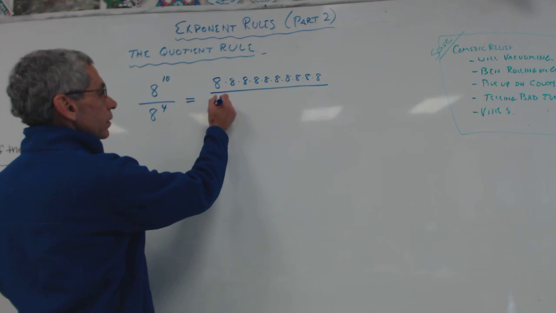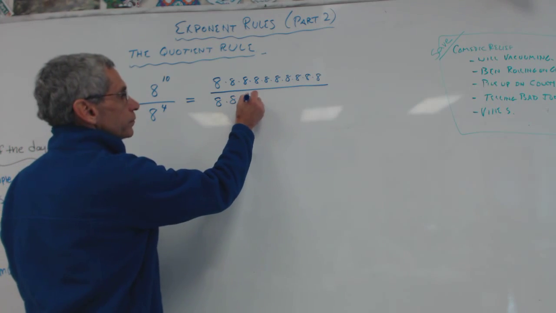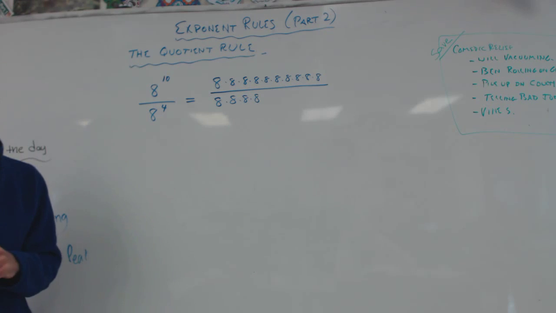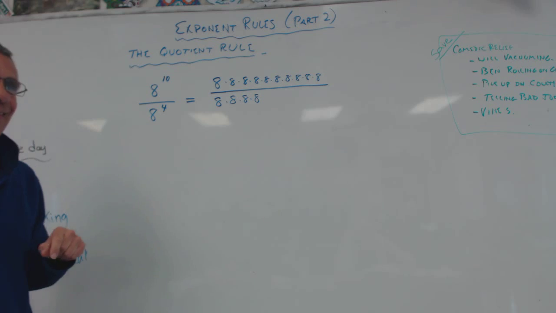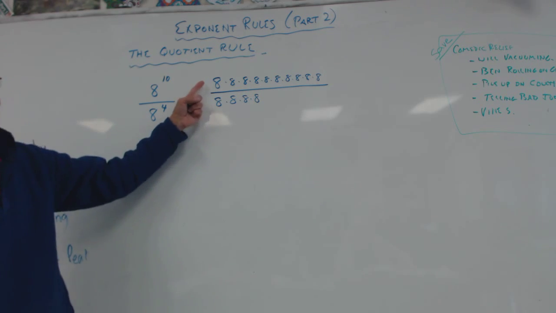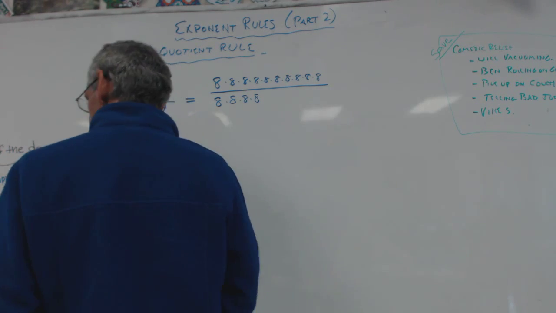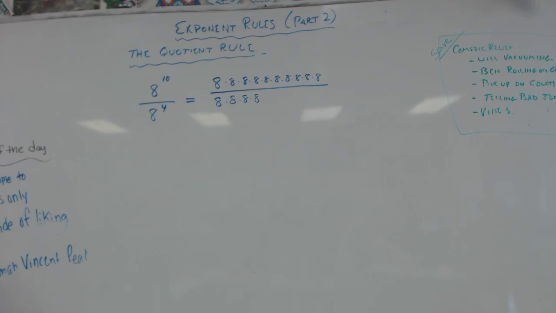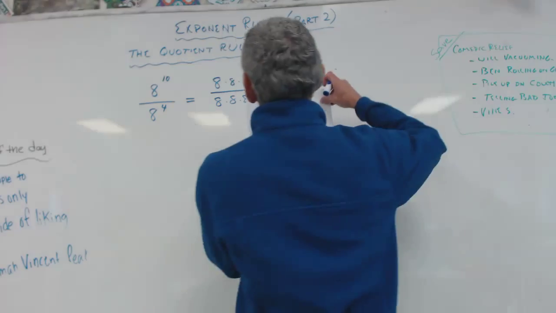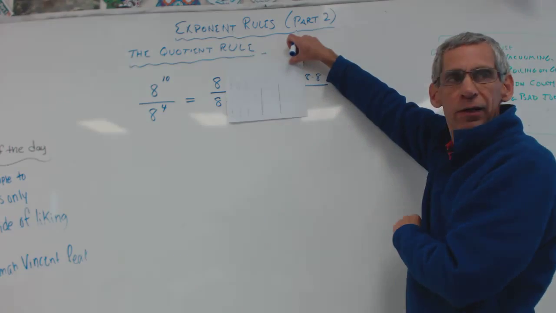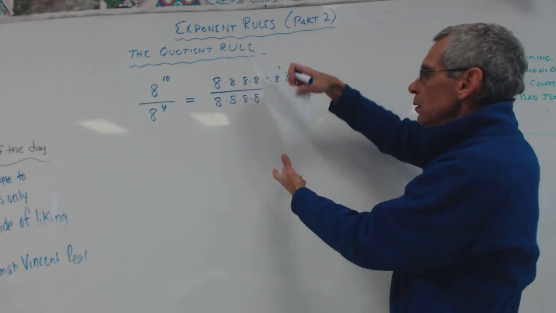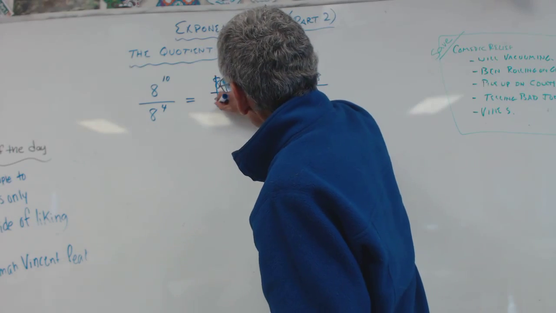What do I have down here? 8 times 8 times 8 times 8. The 8s cross themselves out, so you subtract the exponents. See, I was right. Good job. If I grabbed a piece of paper and covered up everything except that, what does 8 over 8 equal? 8 over 8 is 1, so I could cross that out as a big 1.